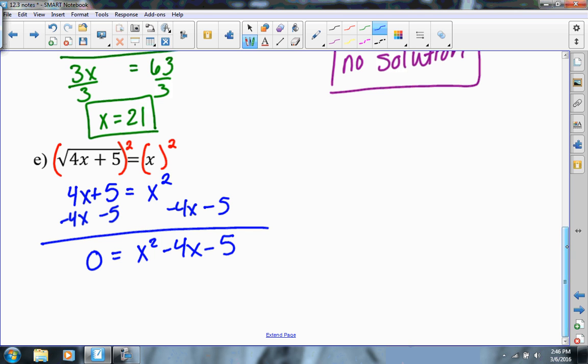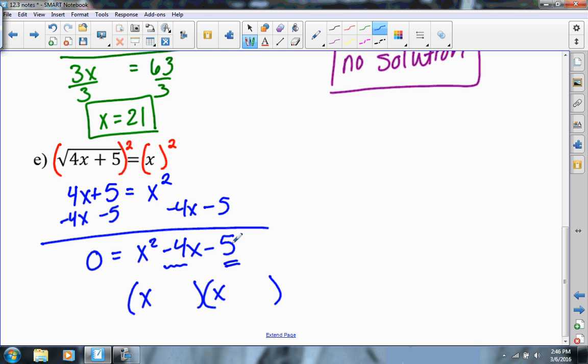Now this should look familiar to what we've done in the past. Okay, in chapter 10, we looked at trinomials, and this is a trinomial that we can factor. We can find the factors of 5 that add up to negative 4. So we're going to use guess and check. We're going to need an x and an x, because x times x is x squared.